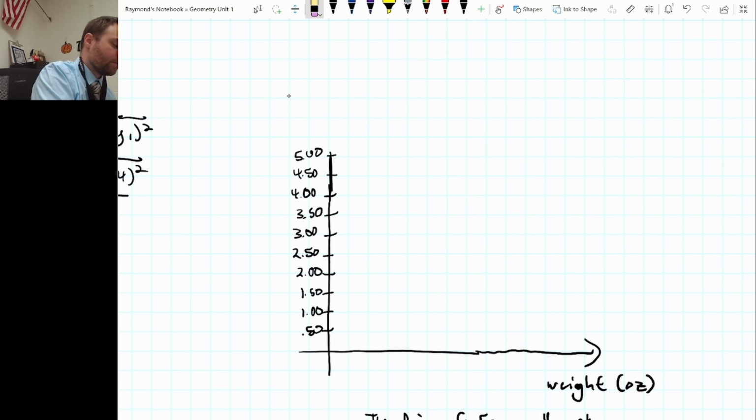And sometimes you don't have enough room to do what you want to do, so you just extend that graph up and then you're good. And then I've got $5.50, $6, $6.50, and then $7. And this is still price.